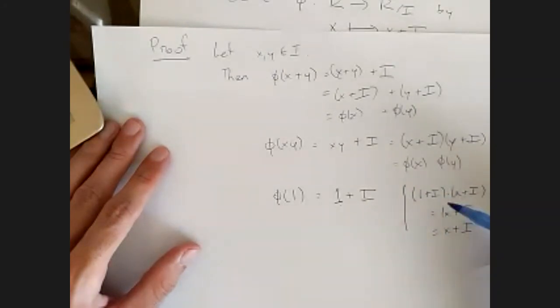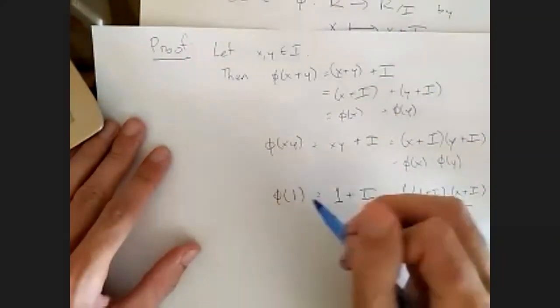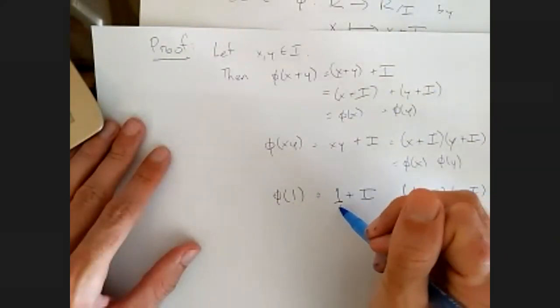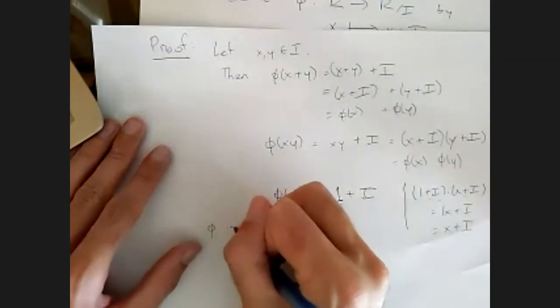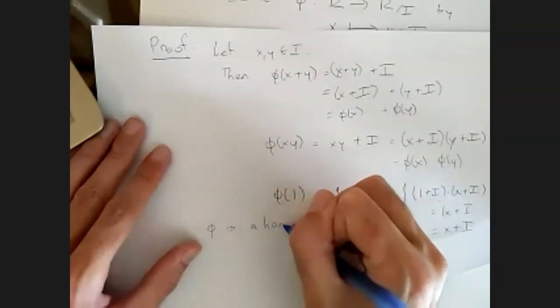So 1 plus I, the coset of 1, is the multiplicative identity. So this tells us that phi of 1 is the identity of R mod I. So phi is a homomorphism.